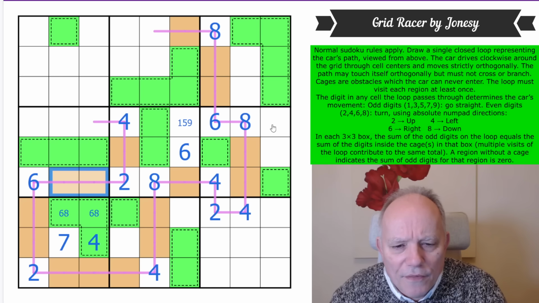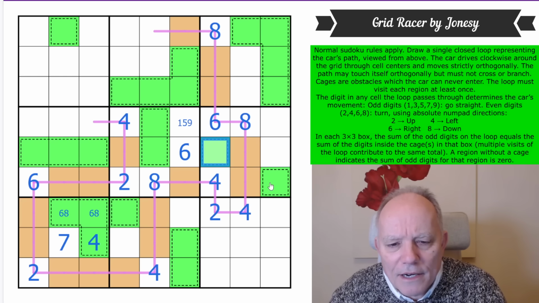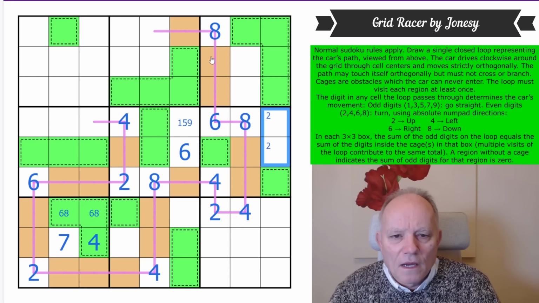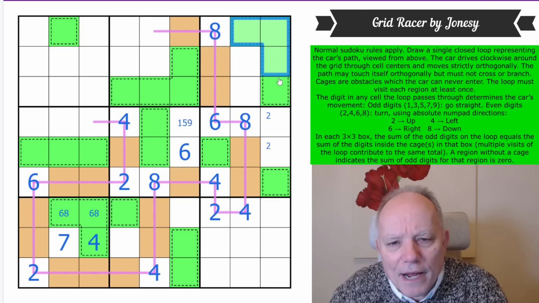Where's 2 in this box? Again, 2 greens are going to have to add up to 2 oranges, so they're all going to be odd digits. And the 2's going to be up this side. And I can do the same up here, actually. I didn't really figure this out. 2 oranges there have an even total. So this cage is going to add up to an even total.